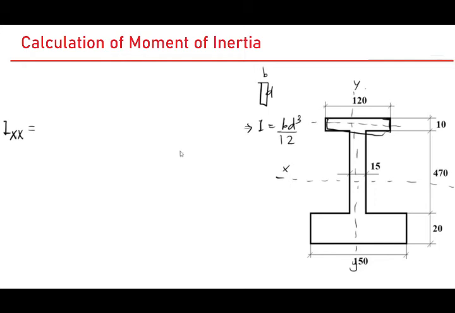Now, besides BD cubed by 12, you also have to add A h square to transfer the moment of inertia. So we have 120 times 10 cubed by 12 plus 120 times 10, which is this area. That is, I told earlier it is A, and the h square is the distance between this and the centroid of the entire cross section.